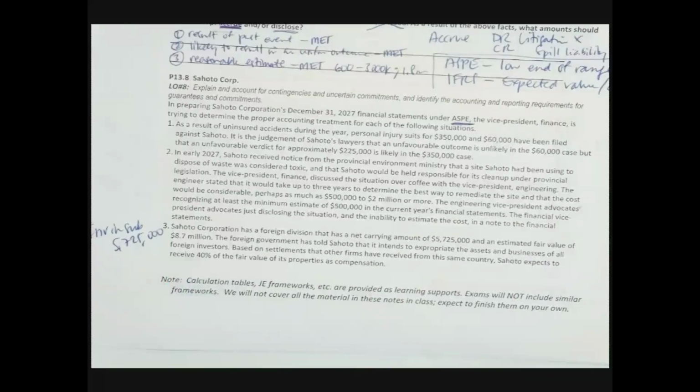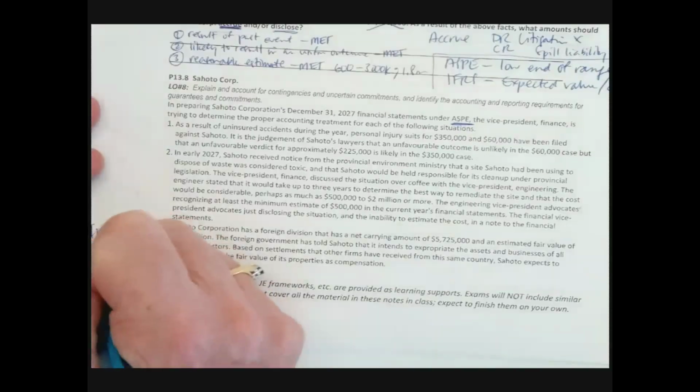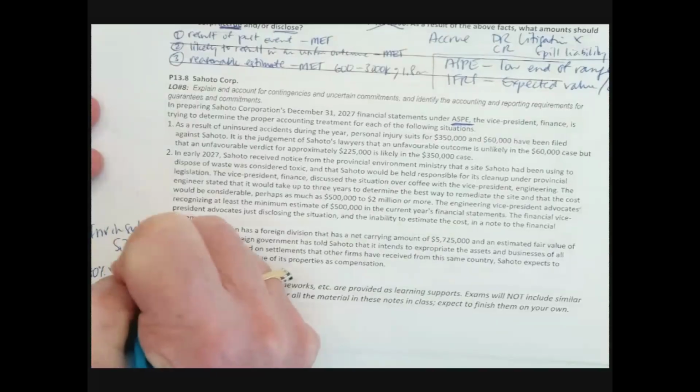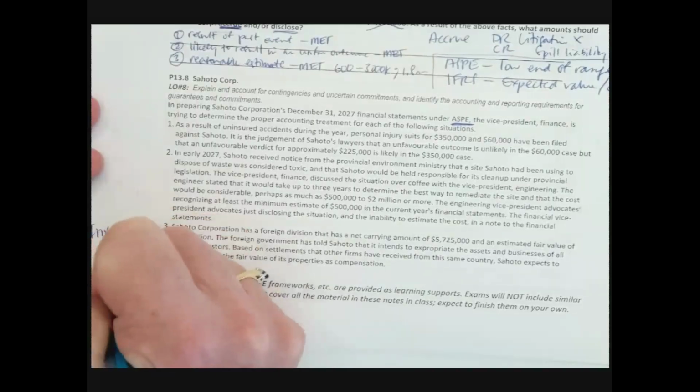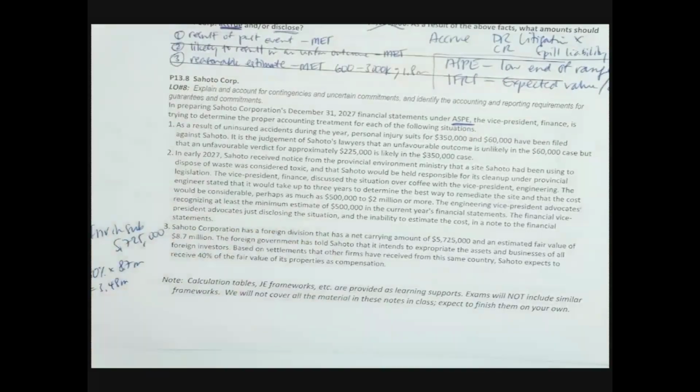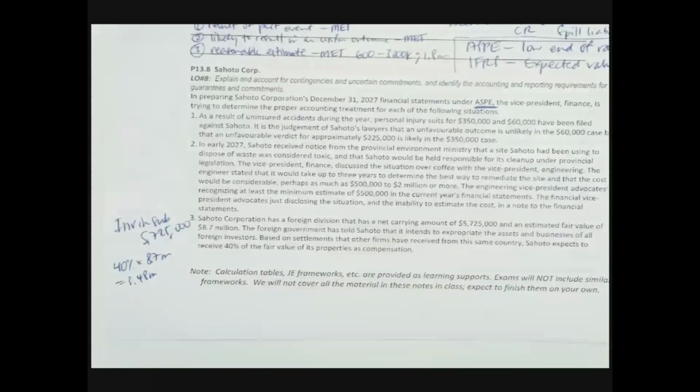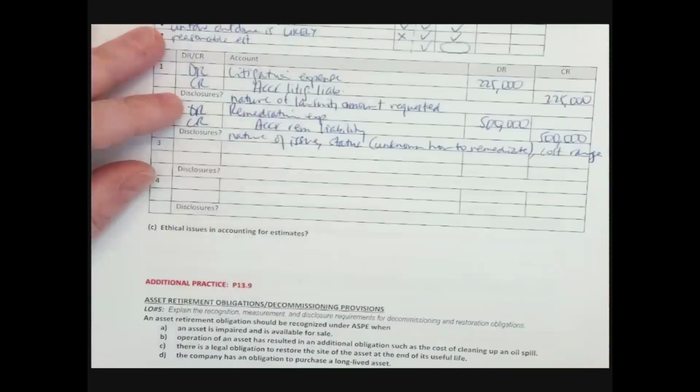So they're going to get 40% of the fair value as compensation. 40% is 3.48 million. Of 8.7? Okay, so we have this in mind.